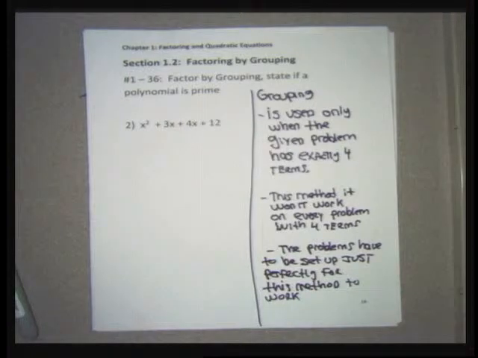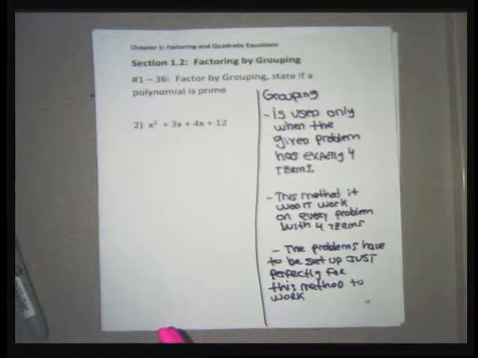It turns out that for me, grouping is such a specialized strategy, and it usually can be worked around, that I rarely wind up using it, so I'm not going to get crazy. That's why it's such a short section. They make me cover it, and it's kind of nice to be aware of grouping, just in case you stumble across a problem with 4 terms that you're asked to factor. But of the skills that we're going to learn in Chapter 1, it's probably the least important skill.